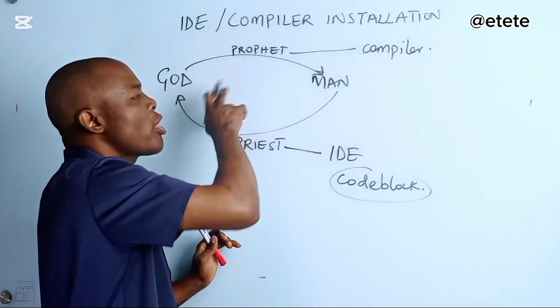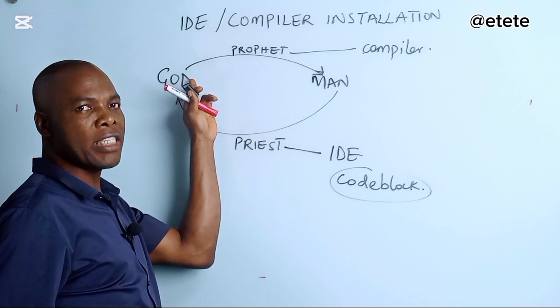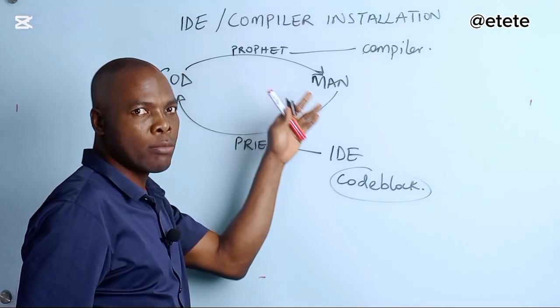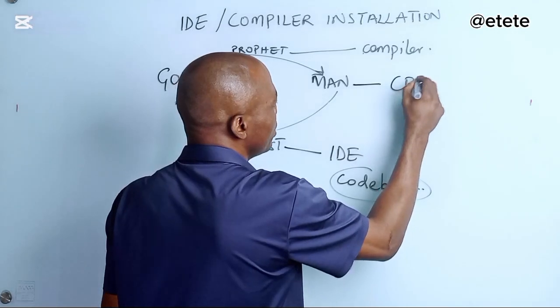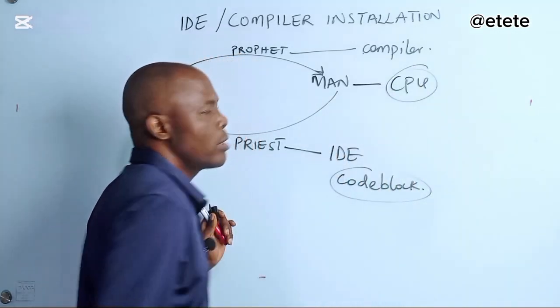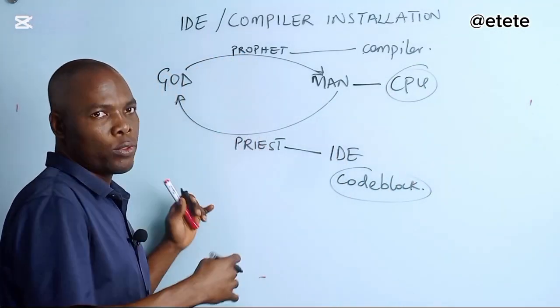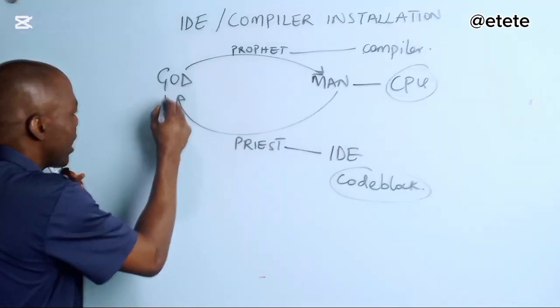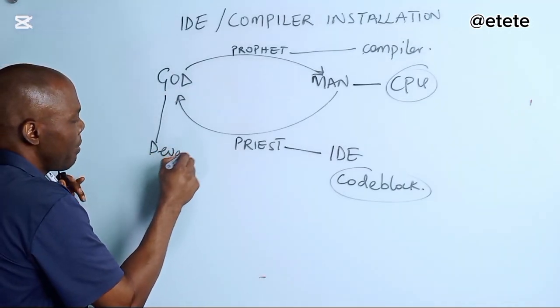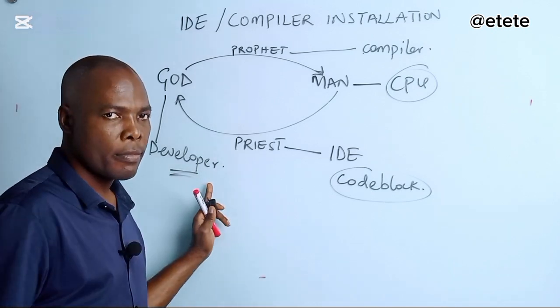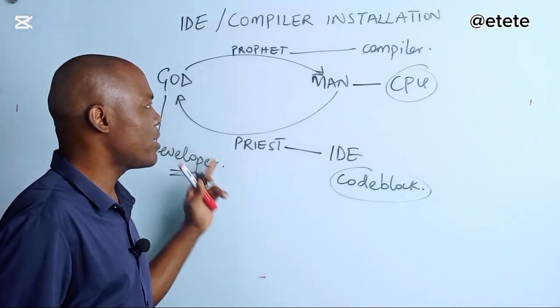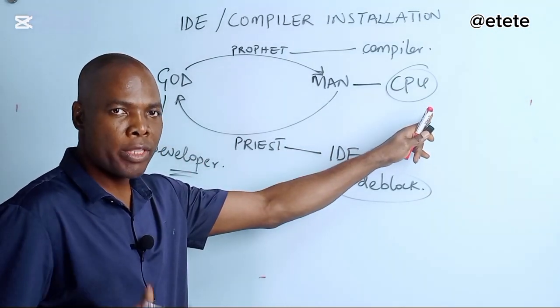This compiler converts the language that is being given into an understandable format that man will use. So this man now, I'm considering this to be what? The CPU. That is what I want to do. So here now, I am looking at what? The developer. So the developer is trying to communicate with the CPU with an instruction.